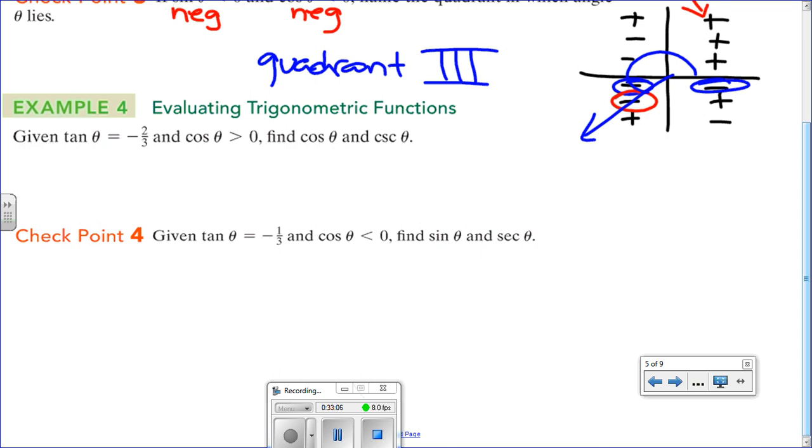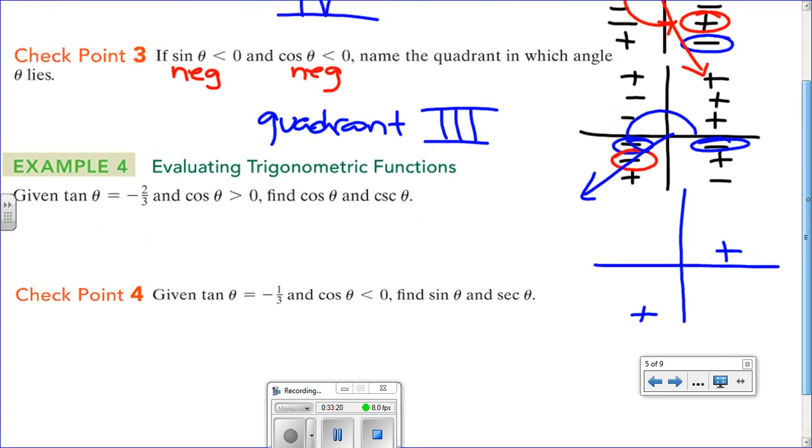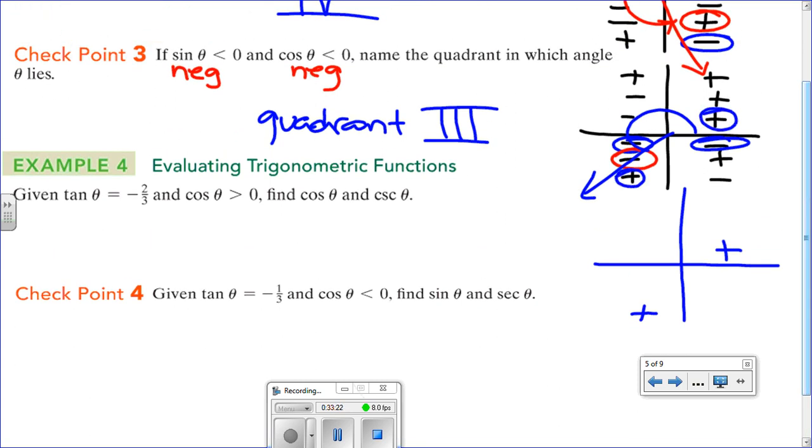We're first going to identify where the terminal side of the angle will be. We know that the tangent is only positive in quadrants 1 and 3. Do we agree? Positive, positive.